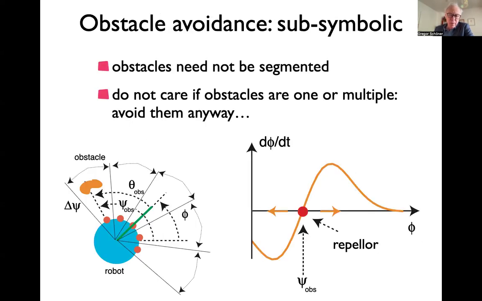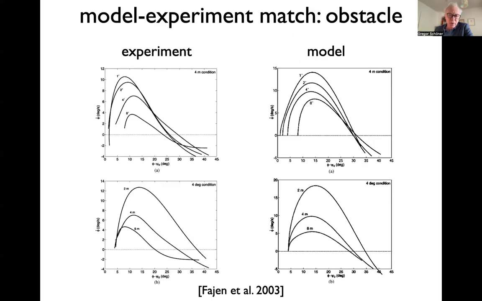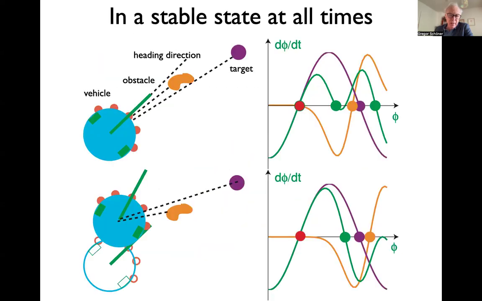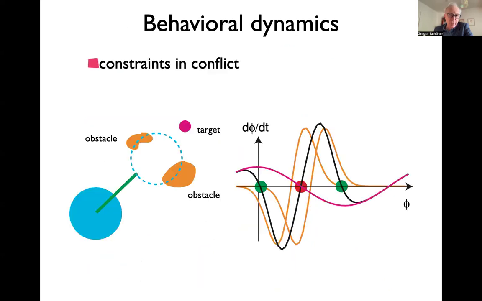For the robots, in practice, what we call the subsymbolic approach was the more powerful one. Here, when you really have to know what is target, what is obstacle, and track these individual contributions, you have to do some considerable work. Sorry, I'm pointing again at the wrong slide here.